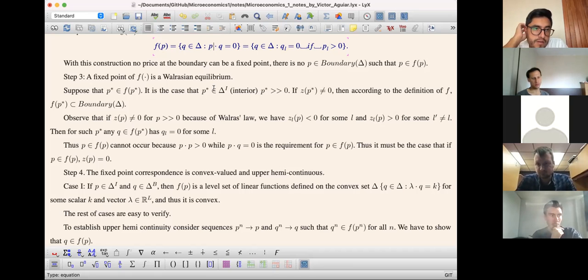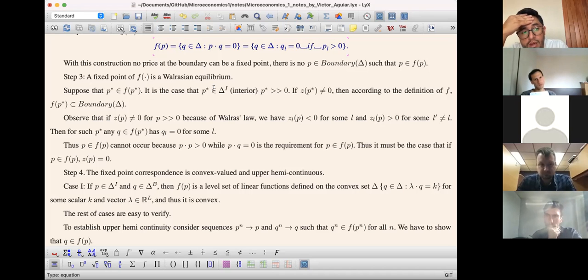Now observe that if Z of P is different from 0 for all positive prices, because of Walras' law, we have that Z_L is less than or equal to 0 for some L, and Z_L' is strictly positive for some other, different L prime. Then for such a P, any Q that belongs to the image of F of P has Q_L equal to 0. That is essentially by contradiction.